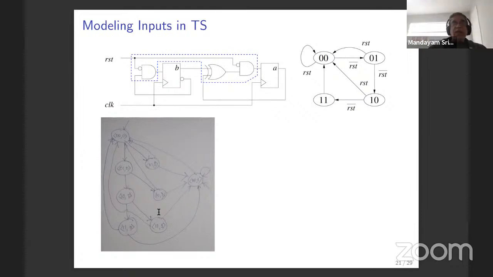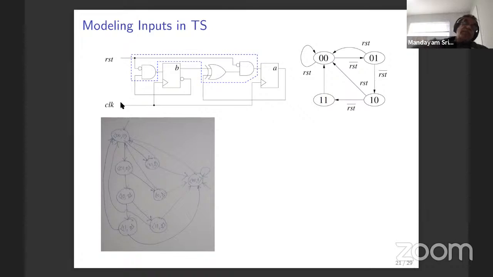It counts starting from the initial state, which is 0, 0, and it is a mod 3 counter. So the A and B components, the first two bits here, change to 0, 1, and I have used non-determinism to allow for reset to be either 0 or 1 in the next state.